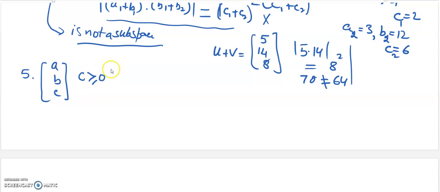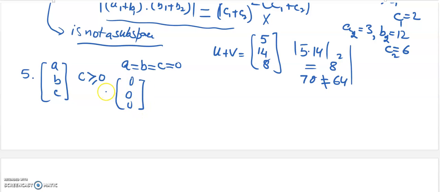Whether it is a subspace, we can check. For the first condition, take A equal to B equal to C equal to 0. In this case C can be greater than or equal to 0, so we can take the value of C as 0. So the first condition is satisfied, with 0, 0, 0.